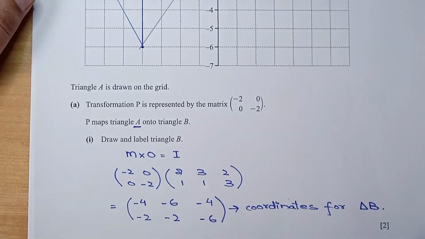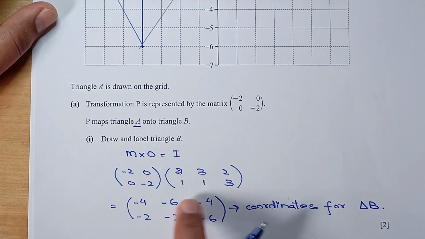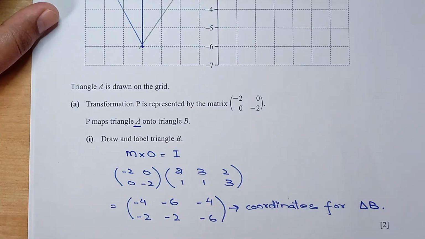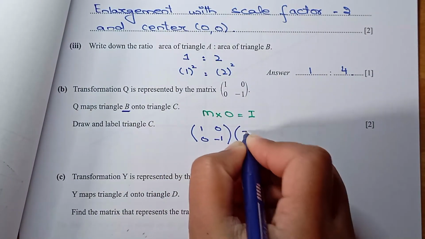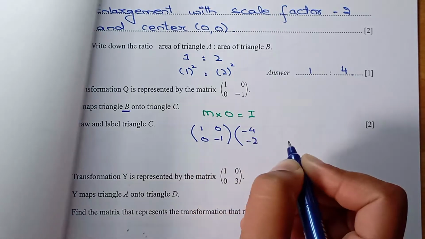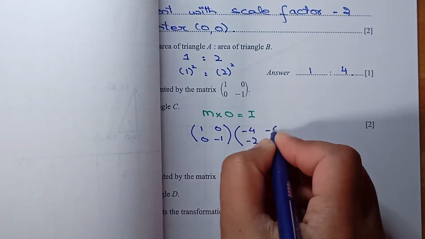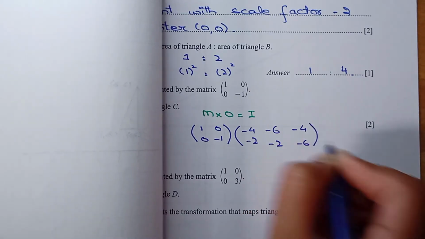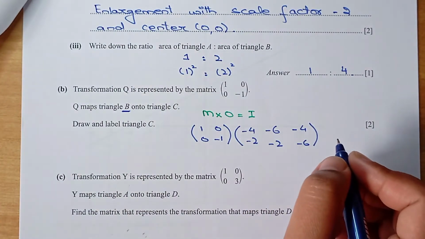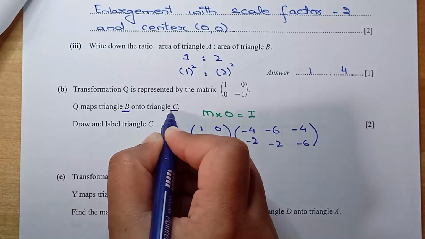As you can see, the coordinates are -4 -2, -6 -2, and -4 -6. So let me write down these coordinates. Over here, that is -4 -2, -6 -2, and -4 -6. We can multiply both of them and we will get the image, that is the coordinates for triangle C.